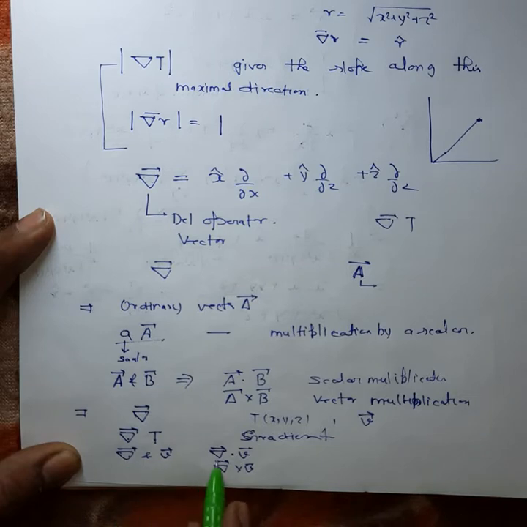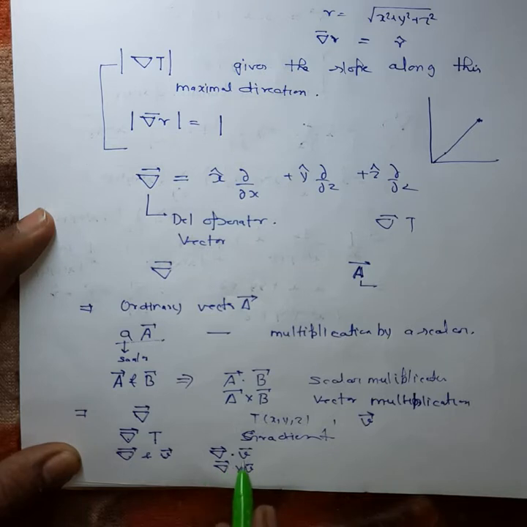When you operate on a vector, you can operate in two ways: the dot product or the cross product. This is not just multiplication; this is how del acts, meaning you are also taking derivatives.